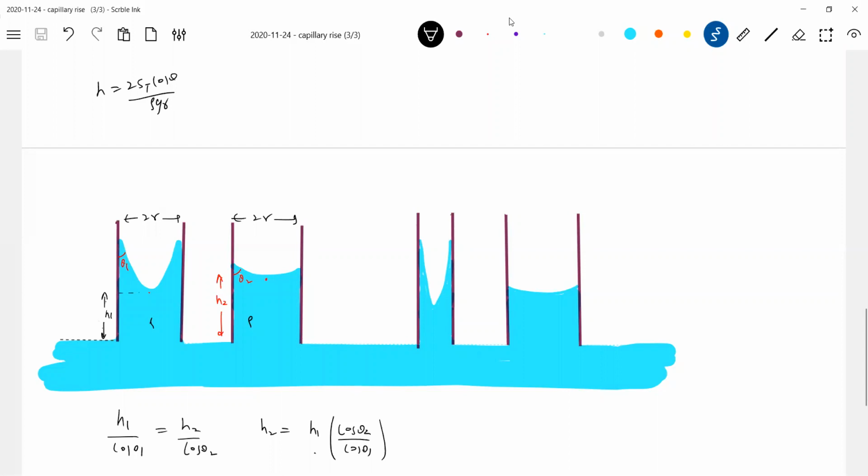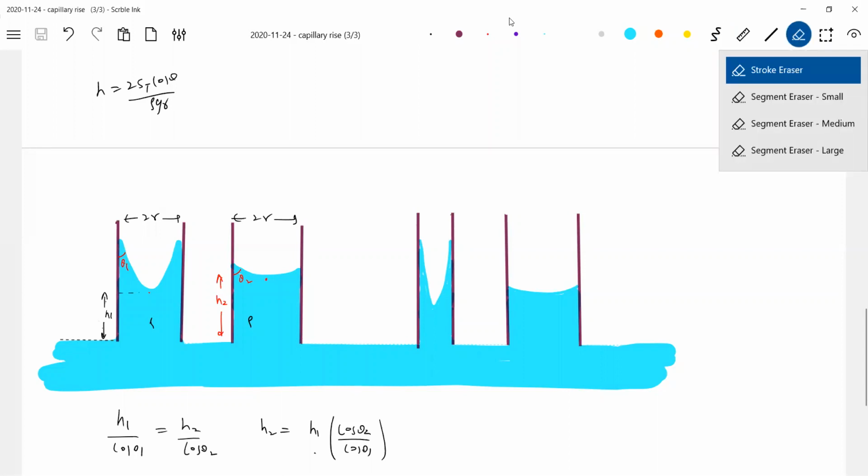Okay, we'll do one thing. I'll do an adjustment. H1 by cos theta 1 equal to H2 by cos theta 2. So theta 2, I'm showing it more than theta 1.